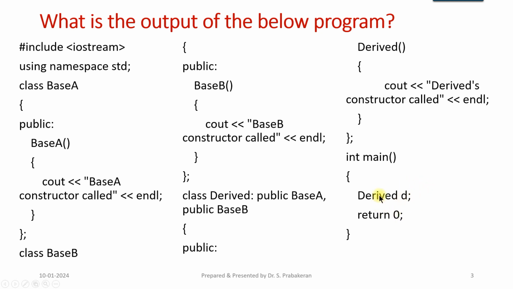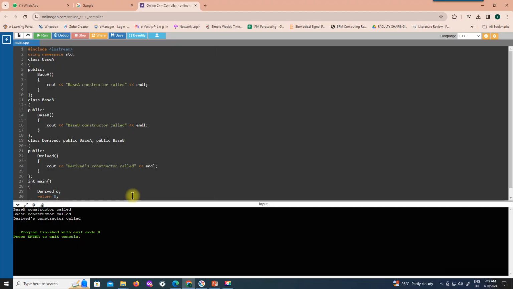Now we will have a look at executing this particular program and see what output we are getting. As you can see, the Base A and Base B constructors are invoked first, followed by the Derived constructor. Coming to the benefits of multiple inheritance, it allows a class to inherit from one or more base classes.